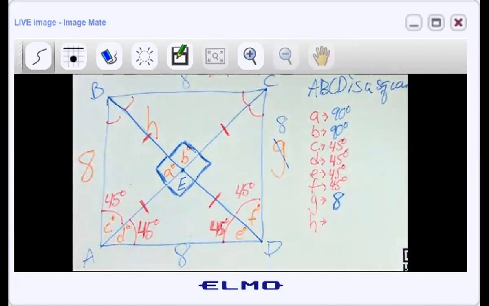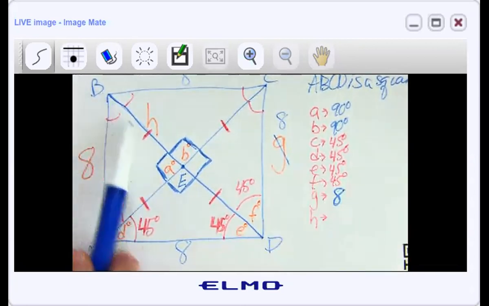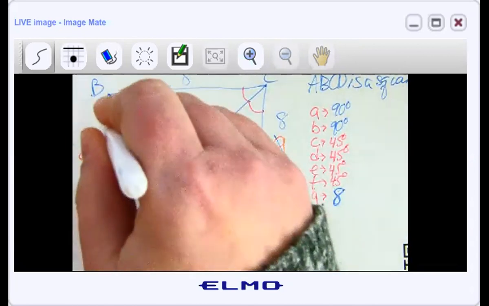anybody want to give a final guess for H? 7. Nope. My hint was that it might be easier to find all of BD first. I'll give you one more hint too. Let me grab one of my highlighter tools. Here's my last and final hint.